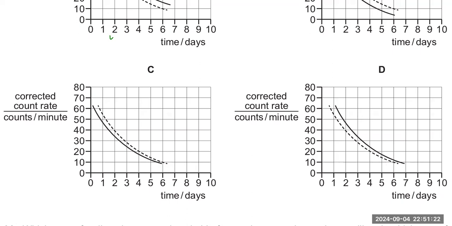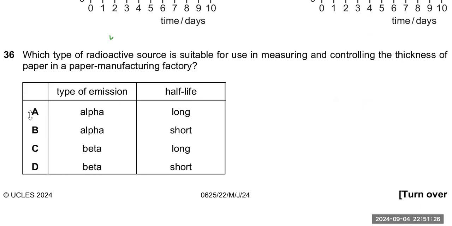so move towards question number 36. Which type of radioactive isotope or radioactive source is suitable for use in measuring and controlling the thickness of the paper in a paper manufacturing factory? So the first option is type of emission and half-life.